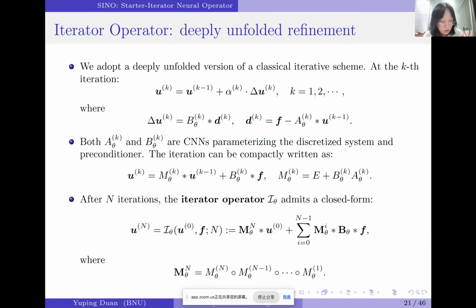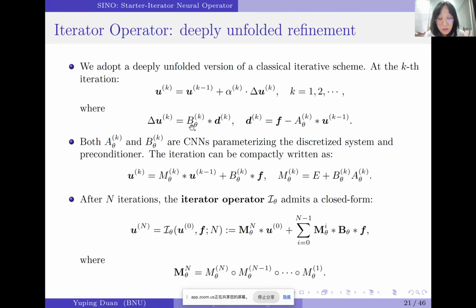The iterator is obtained by deep unrolling of a classical iterative scheme. Each iteration becomes one network stage. At each stage, one learned operator, A theta, forms a residual-like term, d_k.